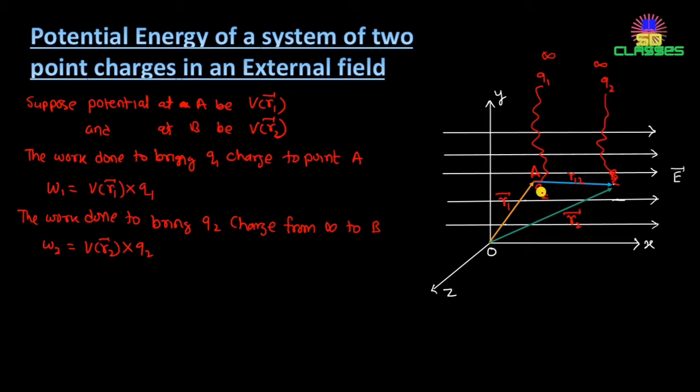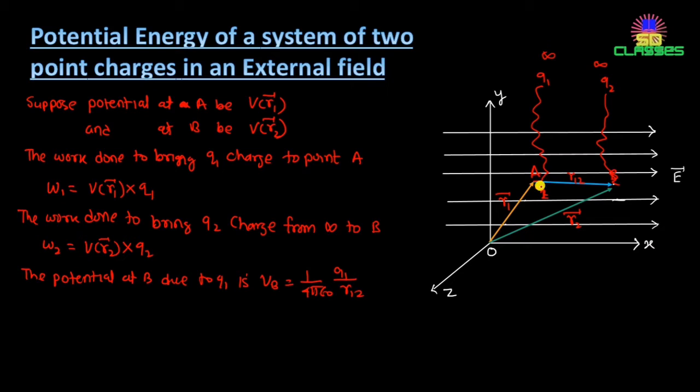We know that due to this q1 the potential at B due to q1 charge is V_B, which is equal to 1 by 4 pi epsilon naught, q1 by r12.